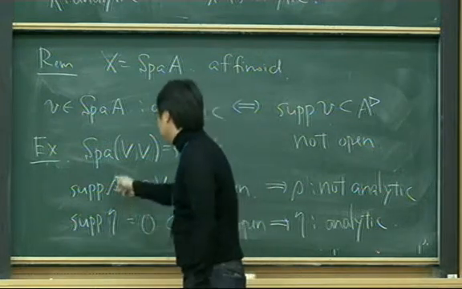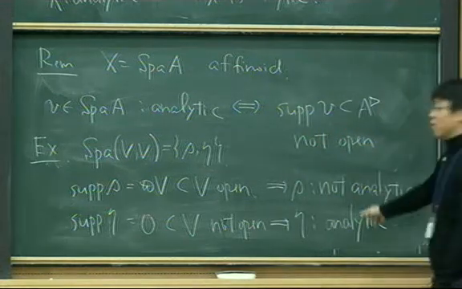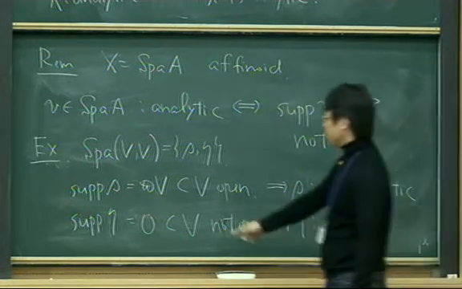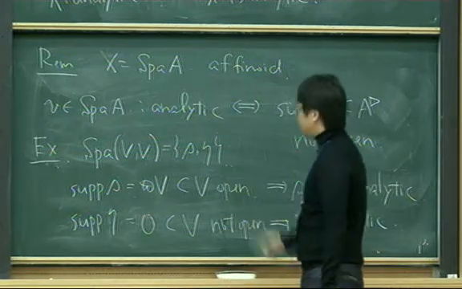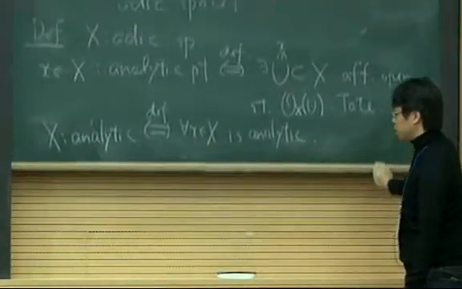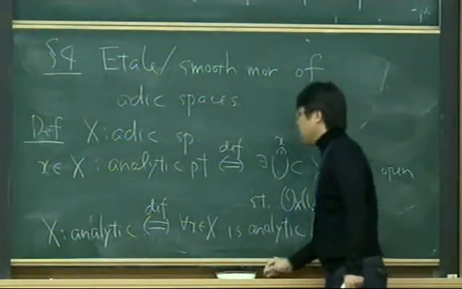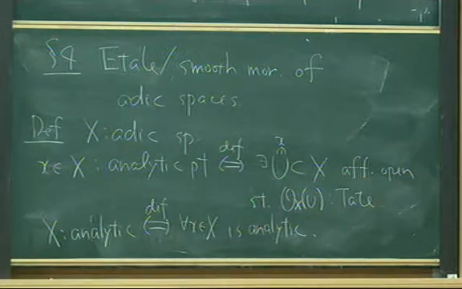On the other hand, this S is something strange, and it is not analytic. It has more algebraic flavor. Technically, it is convenient to assume that every adic space is analytic. So I will assume that.